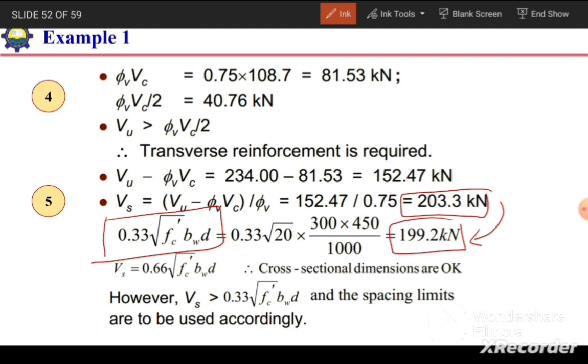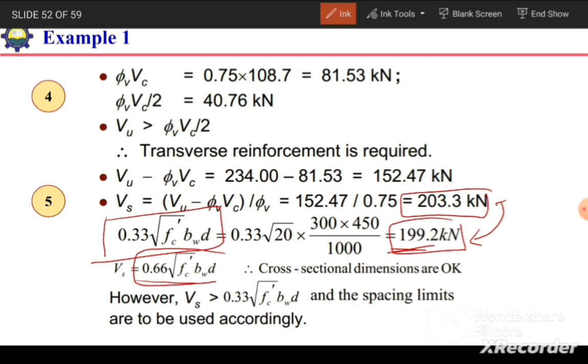But the difference is not that big, so we can consider the upper limit, which is 0.66 square root fc prime bwd, which will be double of this value 199, about 400 kilonewton. So the Vs is less than this upper limit but more than this lower limit.